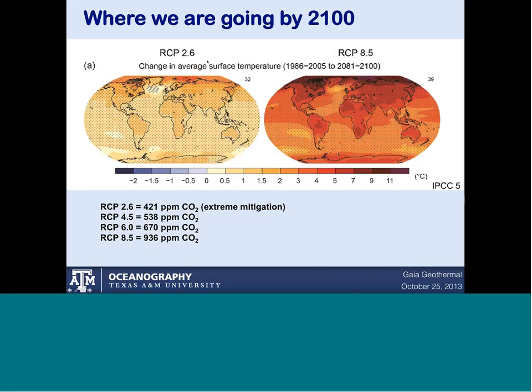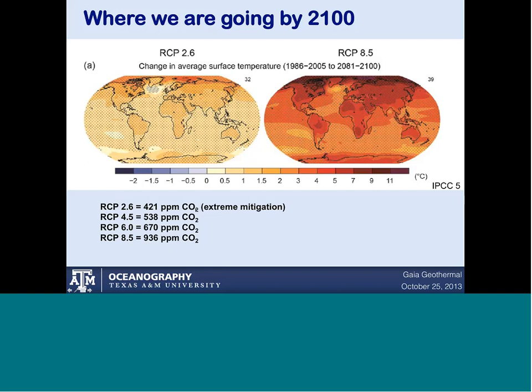So in order to try to figure that out, it's a little bit complicated with these RCP scenarios. But basically they try to take different scenarios of where they think we're going to be as far as CO2 levels by the end of the 21st century. And so the lowest level, they say that would be we finally end up at 421 parts per million CO2.